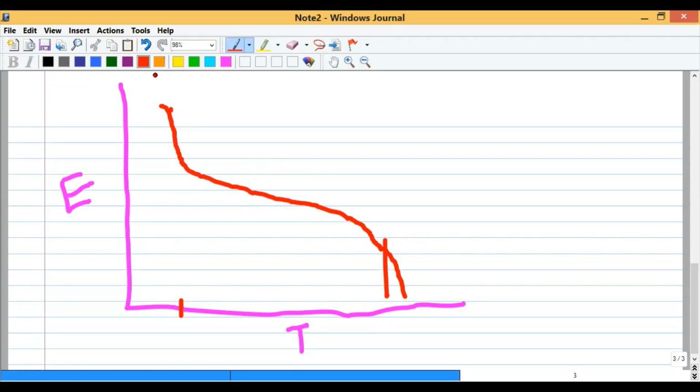But what happens between this region? That is quite understandable from the easy stretching of the alignment of that material.